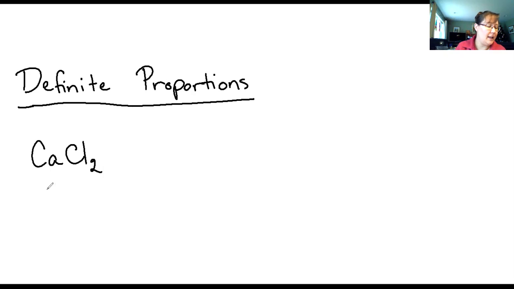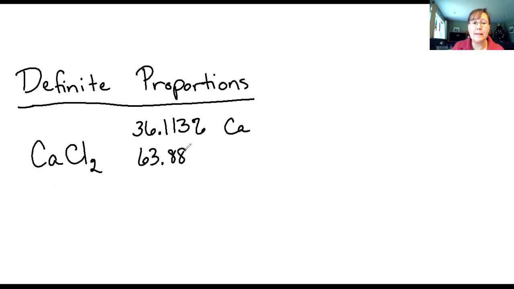Calcium chloride is 36.113% calcium by mass, and it is 63.887% chlorine by mass. Okay, so that means that no matter what we have, we will always have this percentage, this ratio.